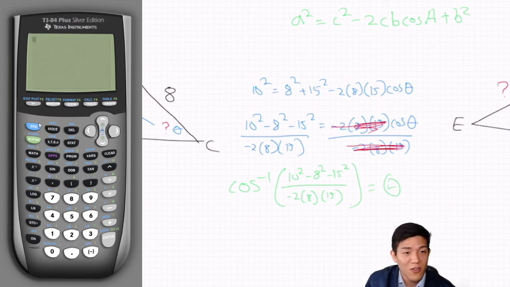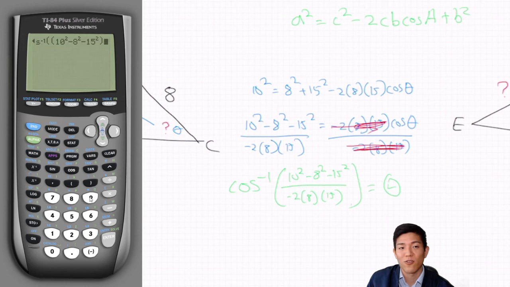So let's punch into our calculator, shall we? We have secant and cosine, so that gives us an inverse cosine, right? And I'm actually going to put one more parenthesis to make sure the calculator registers all the numbers correctly. So on the top I have 10 squared, minus 8 squared, minus 15 squared.